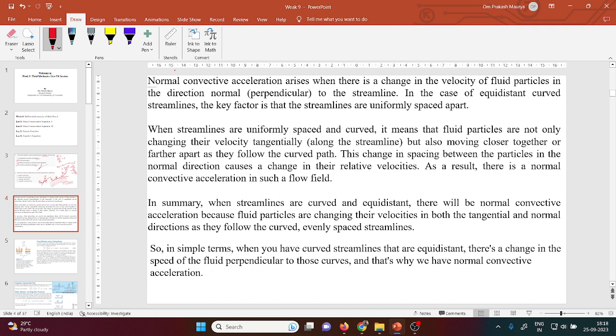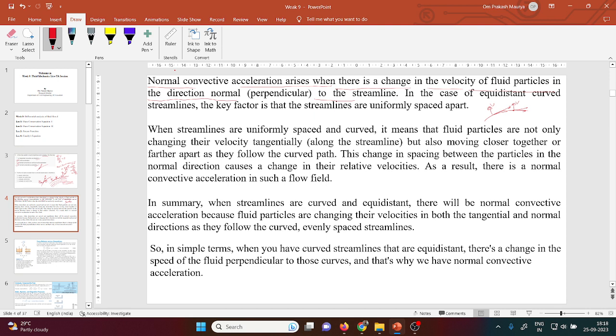The normal convective acceleration arises when there is a change in velocity of a fluid particle in the direction normal, that is perpendicular, to the streamline, whatever I was discussing. If you draw here, this is the tangential velocity and this one is the normal velocity.